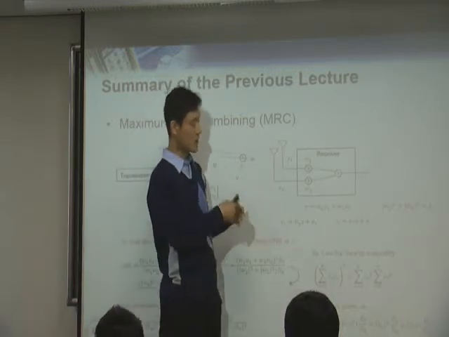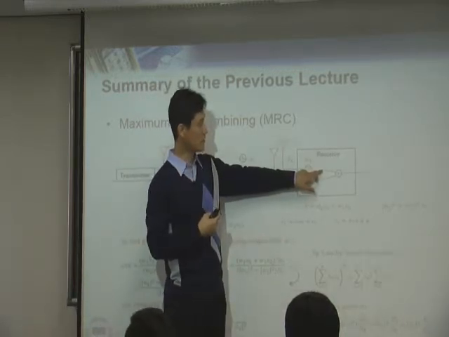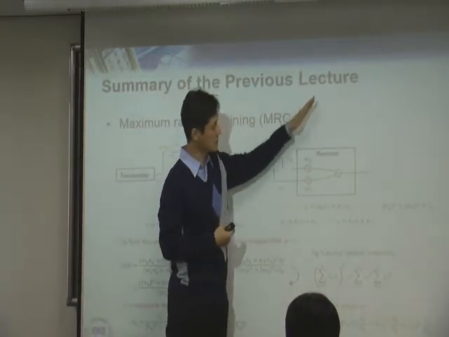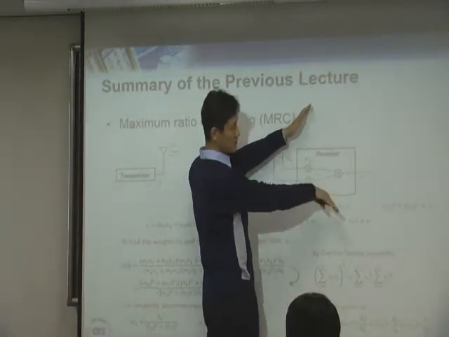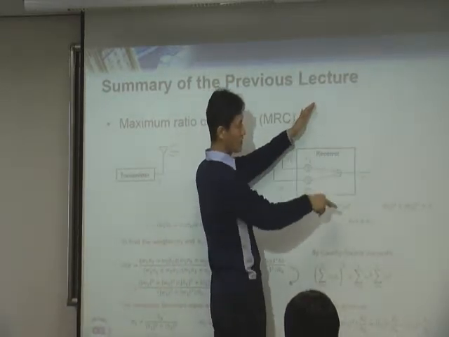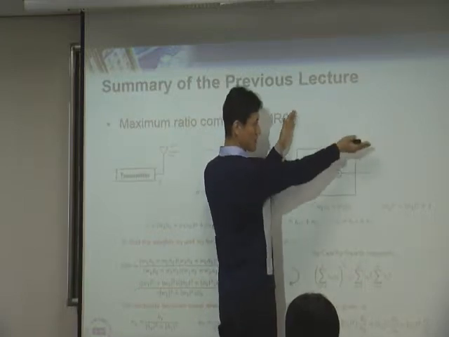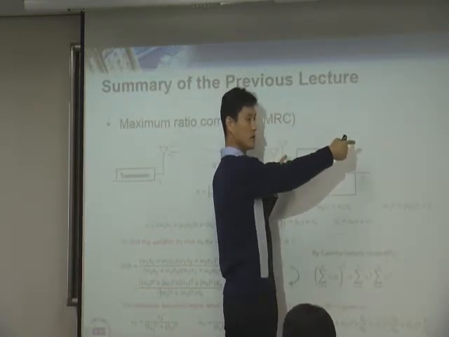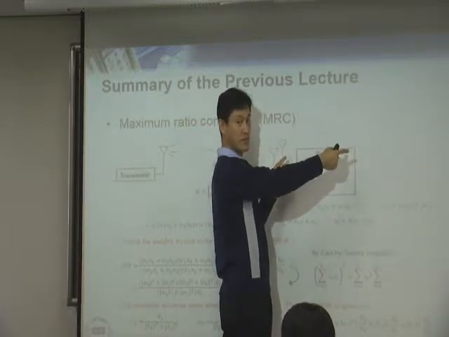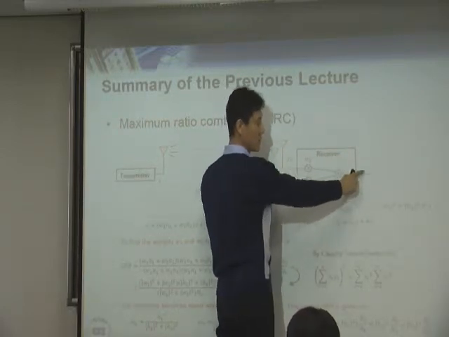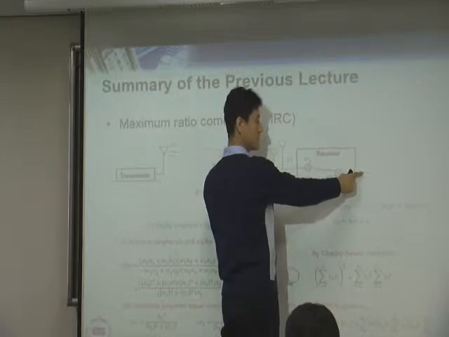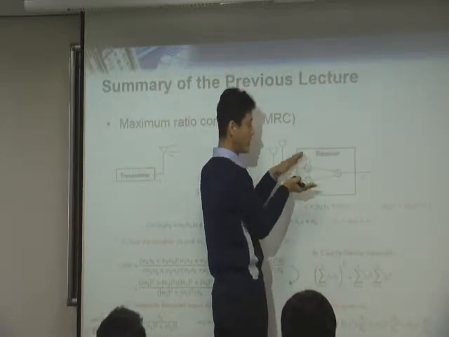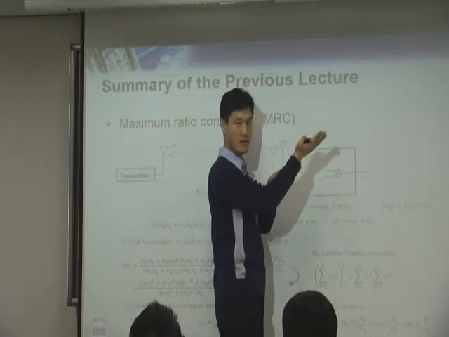Think about the vector. If this value goes in this direction, and the second one goes in another direction, then when you do the vector sum, it goes in some other direction, and the amplitude, or signal power, is not maximized. The only way that the signal power, or SNR, is maximized is if these two are aligned in the same direction.